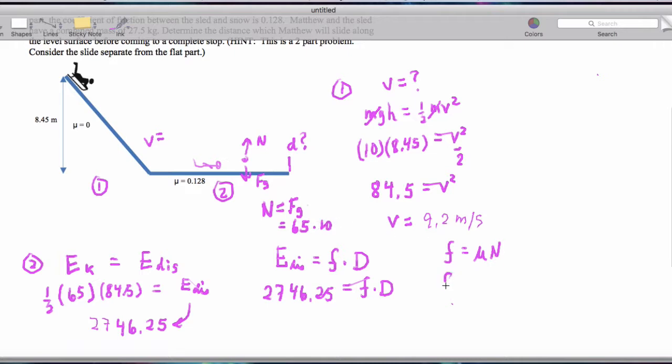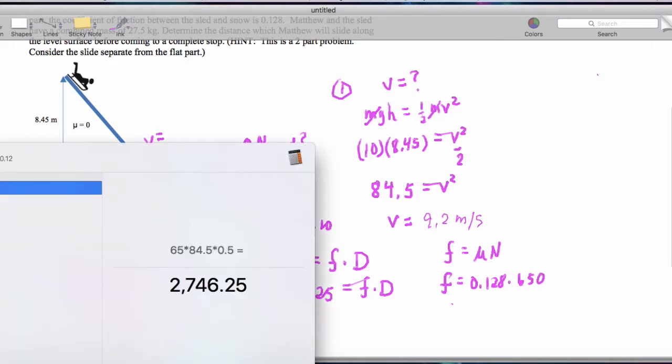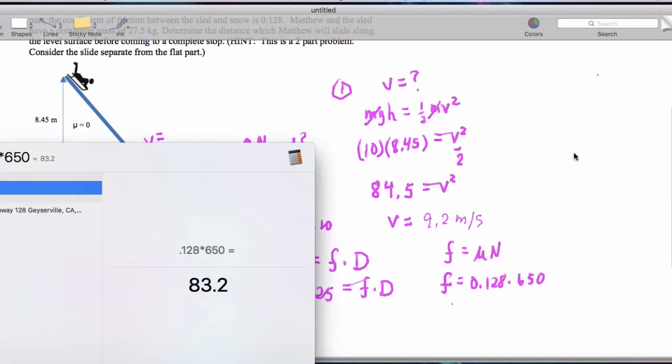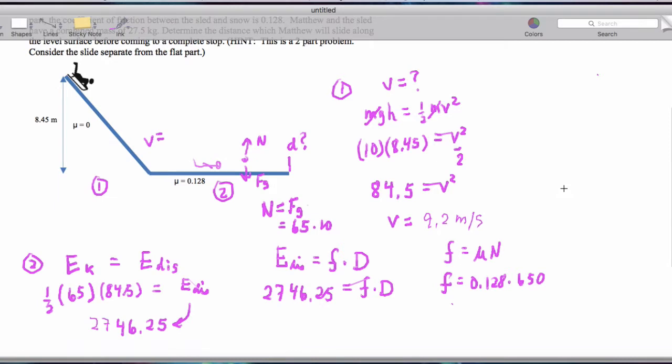So the friction force ends up being 0.128 times 650. It's going to be about 90 something. Let's see. Now close, 83.2. 83.2 newtons. That's not a lot. I like that.